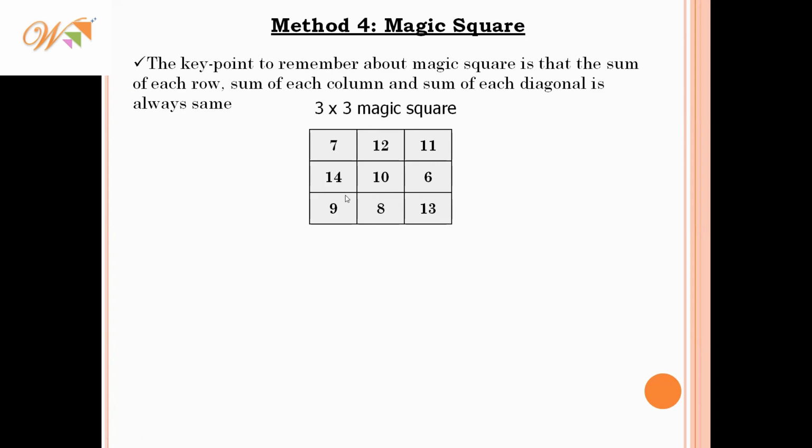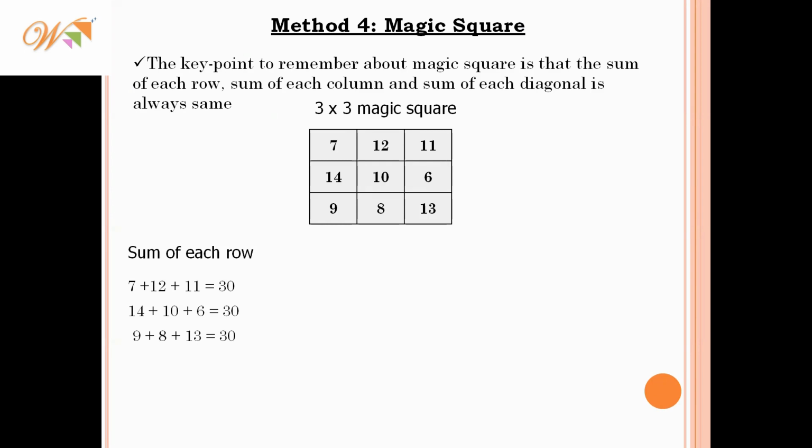Now I am taking an example of a 3 by 3 magic square. 3 by 3 means it has 3 rows and 3 columns. If I take the sum of the first row, 7 plus 12 plus 11, or the second row, 14 plus 10 plus 6, or the third row, 9 plus 8 plus 13, each one gives me 30.